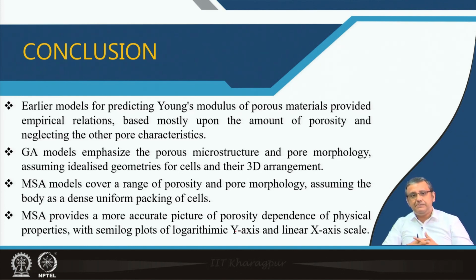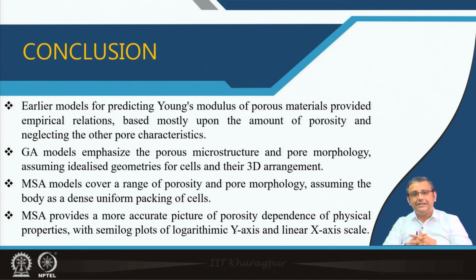But again this Gibson Ashby model has the limitation that it is valid only for very high amounts of porosity, typically for cellular solids with more than 70% porosity. And finally, we discussed the more accurate minimum solid area models, which consider the interconnection, the minimum point of contact between 2 unit cells. It is assumed that the flux or load transfer occurs from one unit cell to the other only through the minimum area of contact between the unit cells.